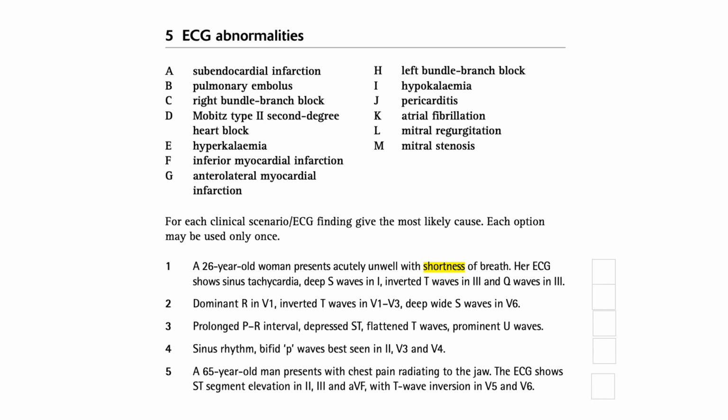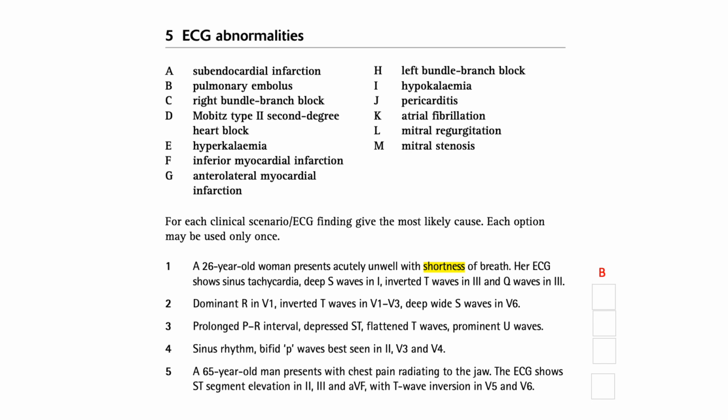So this is one of those buzzword type things where it's saying S1, Q3, T3. She's a young woman. It's acute. She's short of breath, and she also has a tachycardia. So this is based on the history, even before you've gotten to the ECG. You'd be wondering, as one of your red flag do not miss conditions, if she has a PE, which she does.